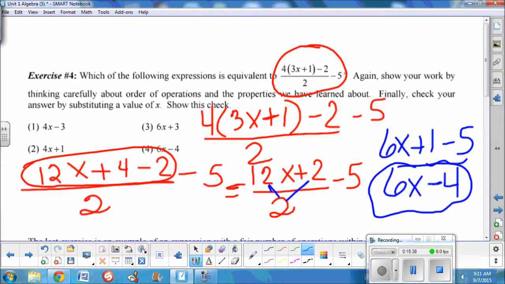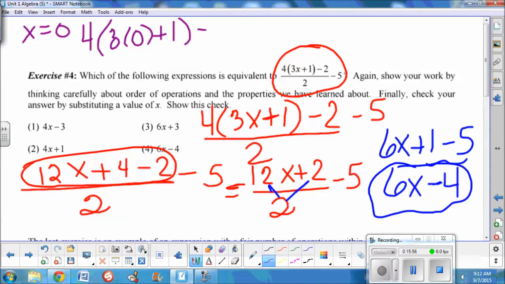6x minus 4. So again, let's go back and use the simplest x value we can, which is 0. When I plug it into my original expression, 4 times (3 times 0 plus 1) minus 2, all divided by 2, and then minus 5.